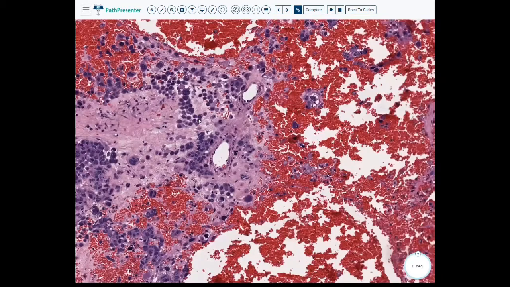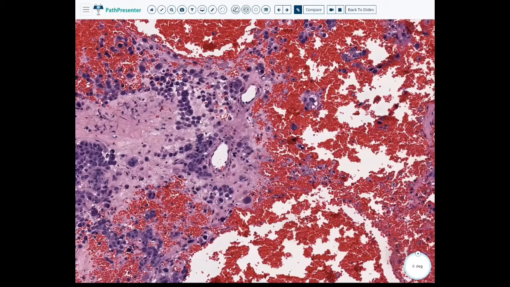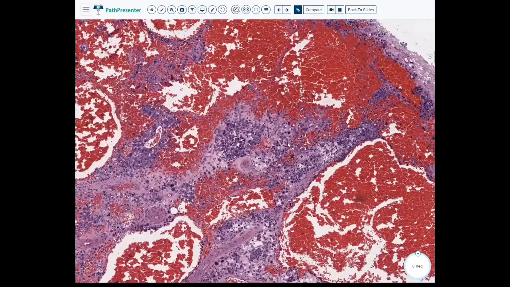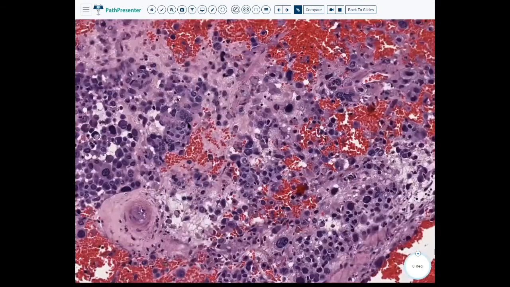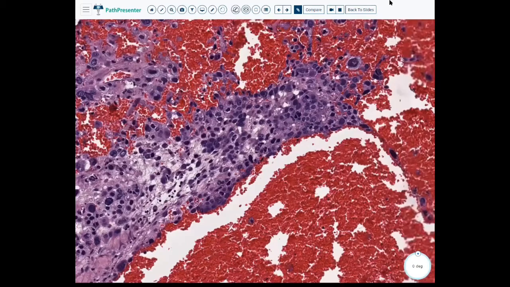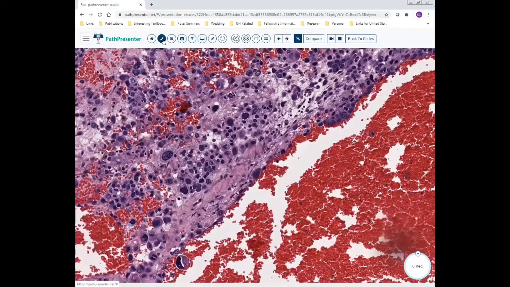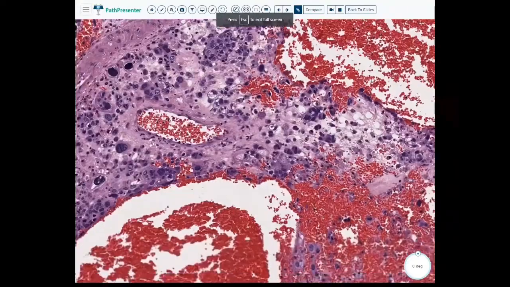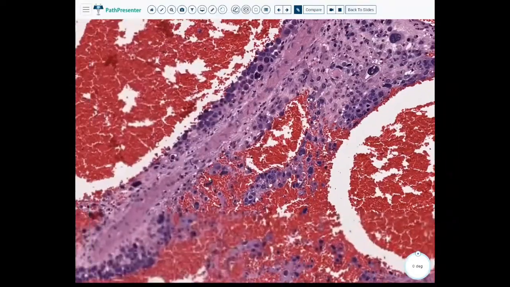But again, these extremely hyperchromatic nuclei are somewhat eccentric with eosinophilic cytoplasm. So, okay, I'm not seeing anything that looks a little more spindled.